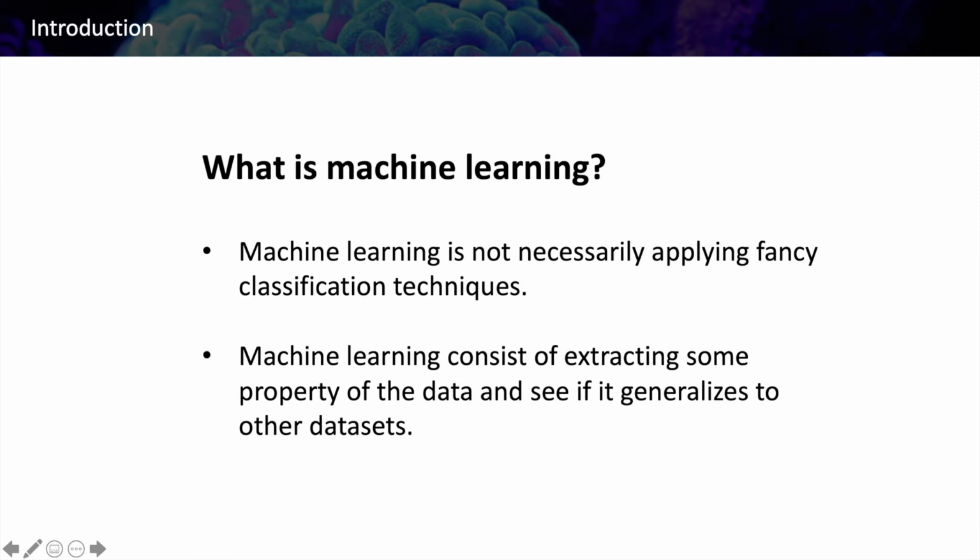The first question is, what is machine learning? Many people think that machine learning involves training some kind of robots to do some tasks and requires complex algorithms and mathematical operations. This is not totally true. If we just focus on the core concept, machine learning consists of extracting some property of the data and evaluating whether this property is a general thing or just noise in our data.